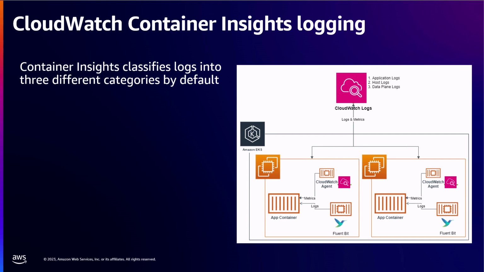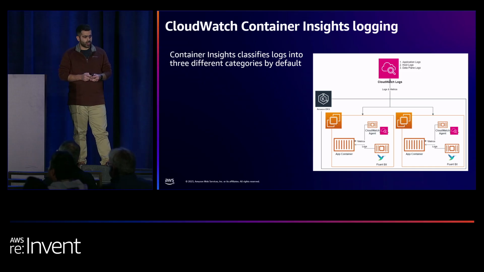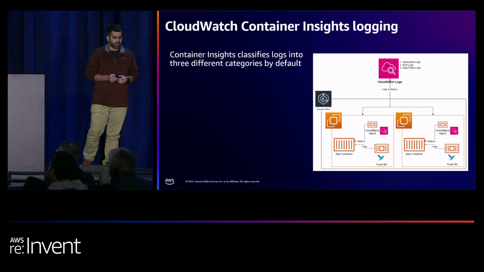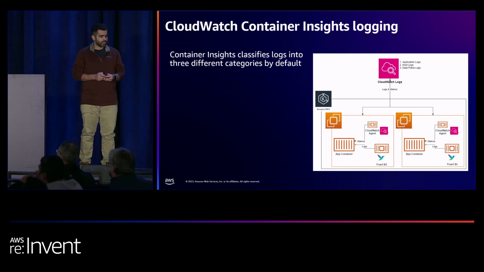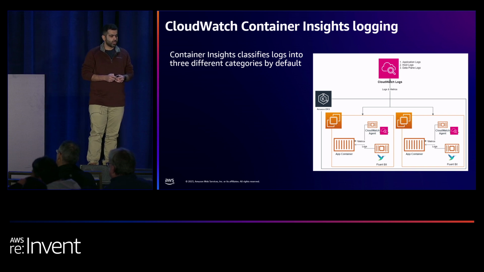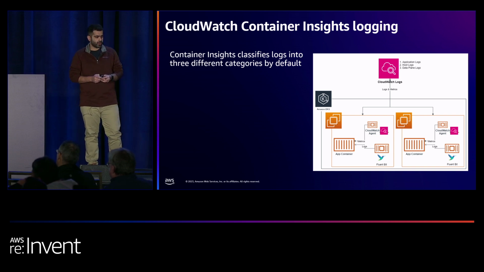Next up is logging. You can configure your cluster to publish all the control plane and data plane logs to your CloudWatch accounts. For the data plane, you would need to install a daemon set, something like Fluent Bit, and once all the logs are published to CloudWatch, Container Insights classifies these logs into three different categories by default.